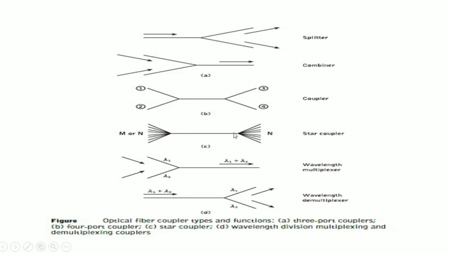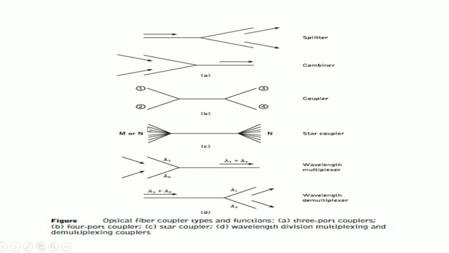The star coupler type will be N cross N, either 4 cross 4 or 8 cross 8, or M cross N, where the number of inputs differs from the number of outputs, for example 2 cross 4 or 4 cross 8.